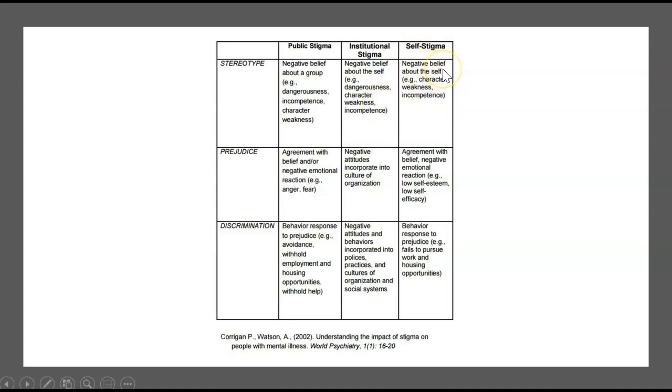And then on the self-stigma side, those stereotypes can become internalized, so that a person with a mental illness diagnosis could come to see themselves as weak or incompetent or incapable.